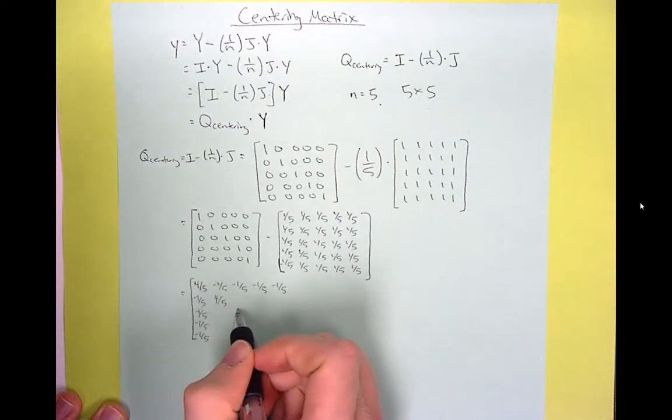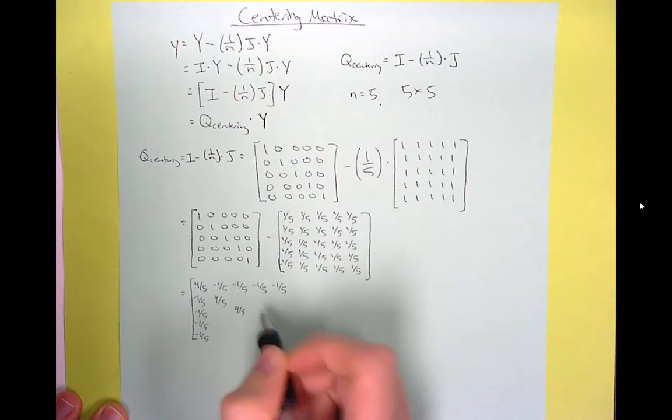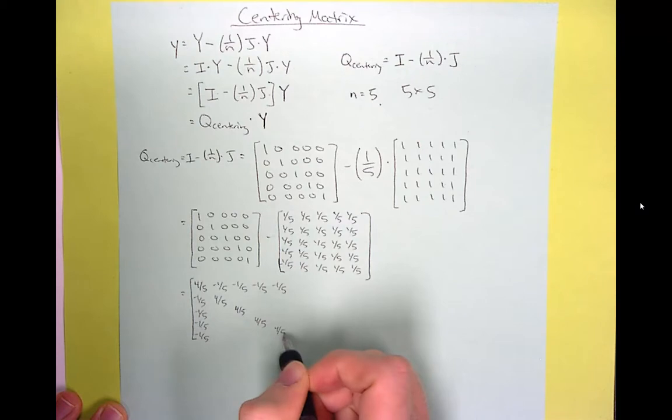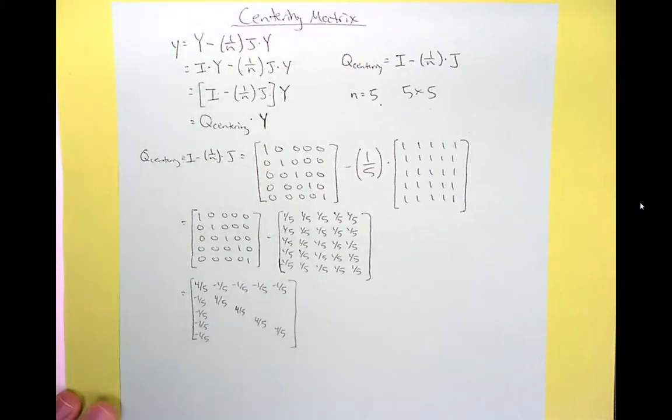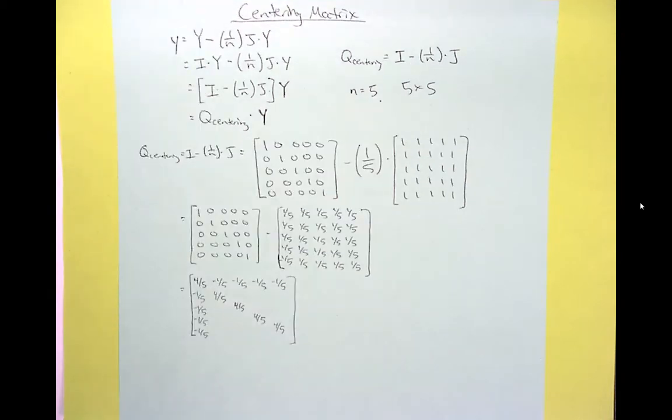So 4/5 along each diagonal. For the sake of time and sparing you from watching me write all the fractions, I'm just going to write it like that, but you can imagine the rest is filled with the -1/5. Now this is our Q centering matrix.